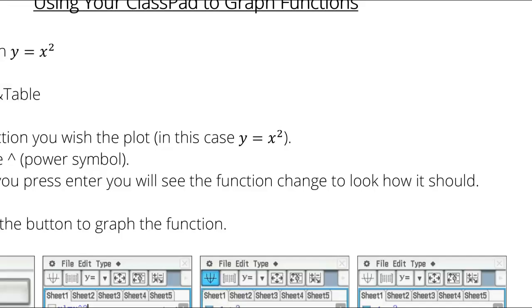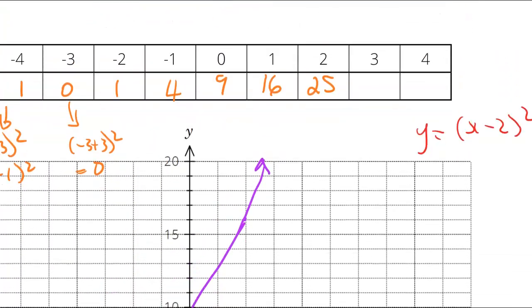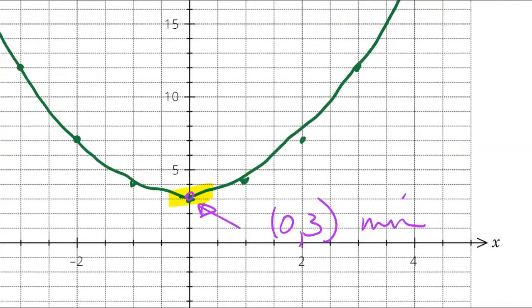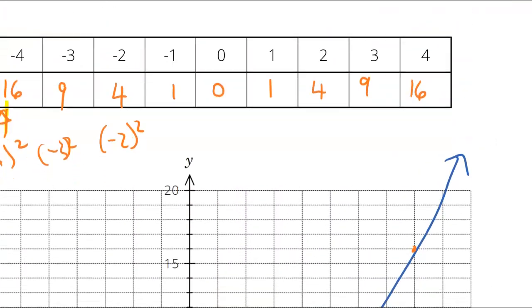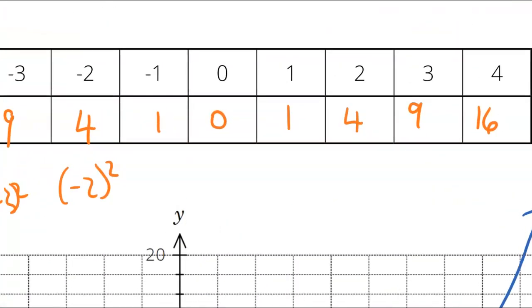I just want to get to that table of values. Here it is. That one. So see how from 0, x goes from 0 to 1, your y value goes up by 1. That's a really quick way from the turning point. It's always from the turning point.